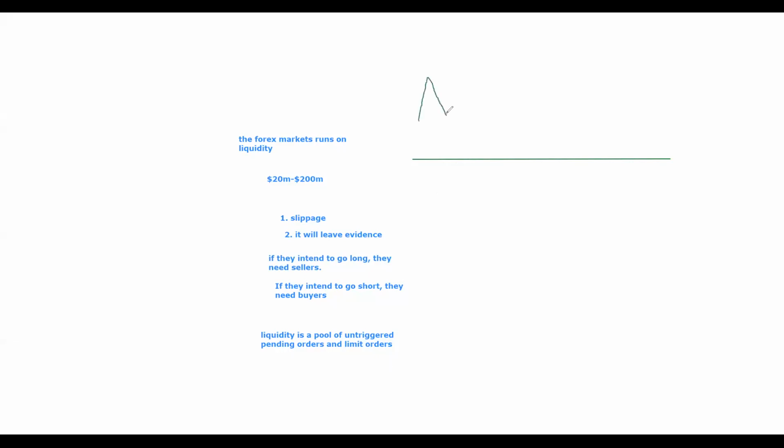Assuming this is a market price, and price is doing something like this. Those that are selling, their stop loss is going to be above here. Anybody selling from this point is going to have his stop loss here.